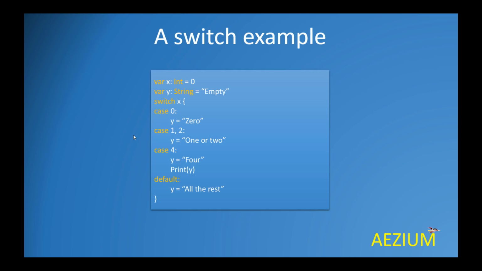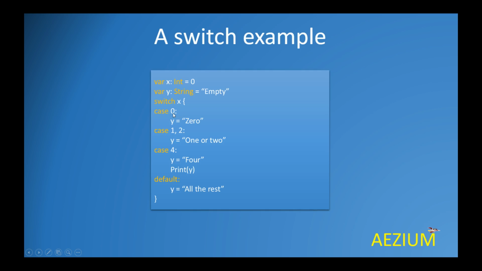Here's a simple switch example. Our switch parameter is x, which in this example is declared above. We have 3 cases on our list plus a default case to make sure all the possible values of our switch parameter x are covered.